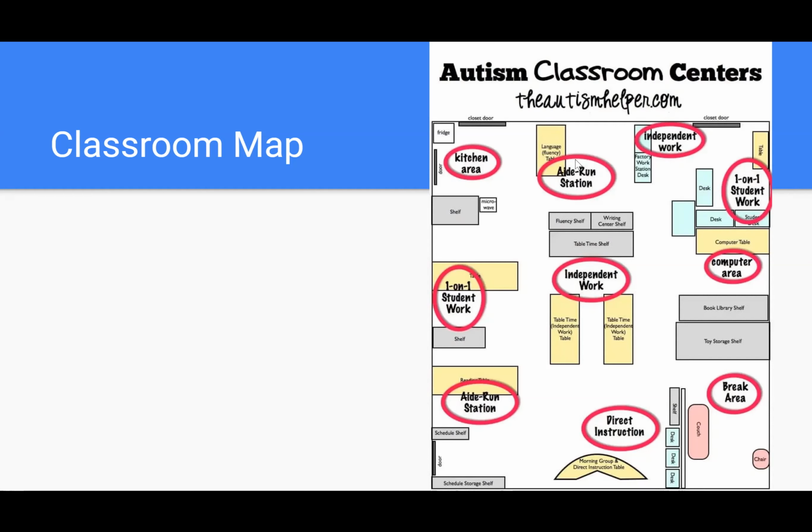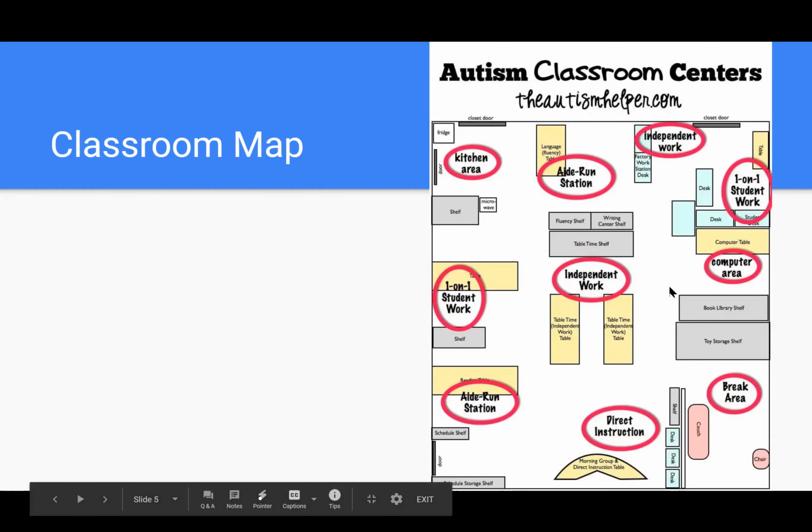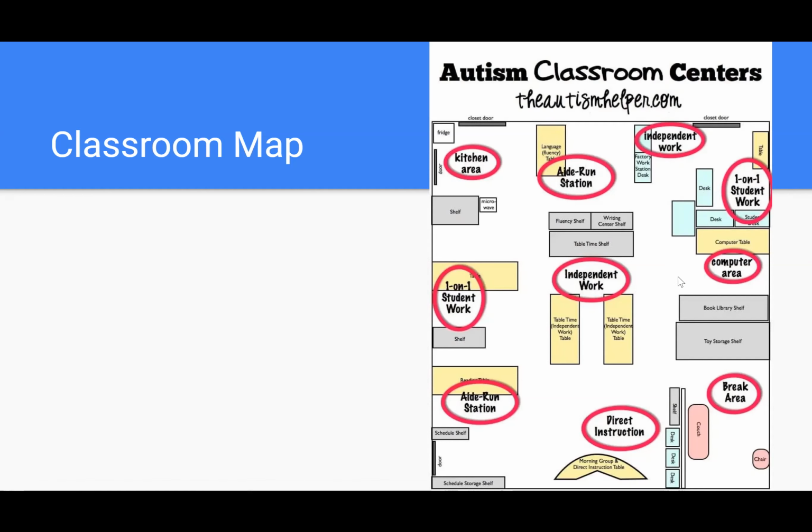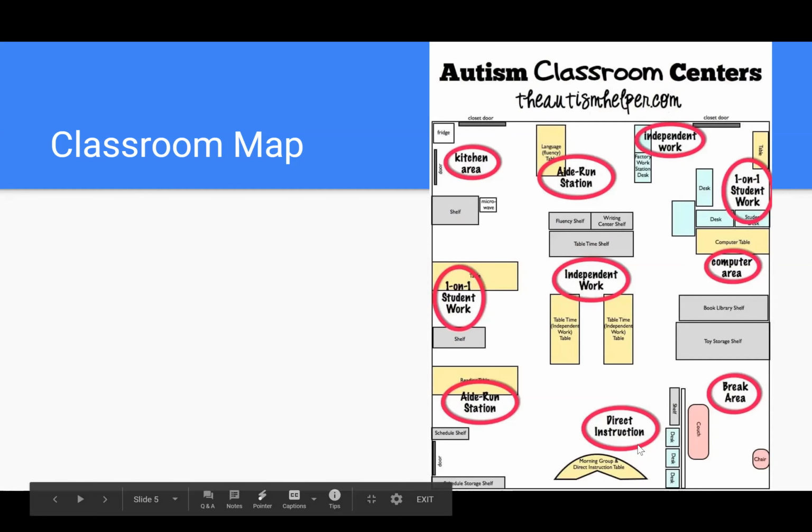There's stations set up, so the aides run stations, and they're sporadic. What I like about this map is there's an aide-run station here, and then across the classroom there's an aide-run station here, and I can only assume that the teacher is somewhere over here, the computer area and/or the direct instruction area over here.